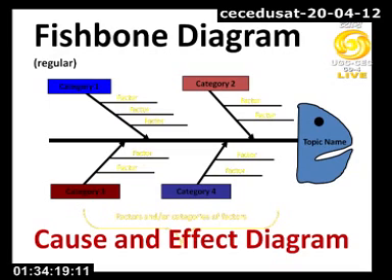Then we identify only those points which need rectification. For this, we brainstorm, we make the affinity diagram, we find the solution to the problem, we implement the solution, and finally, the problem is over. This is also known as fishbone diagram, cause and effect diagram, also known as Ishikawa diagram. Ishikawa is a person who has given the idea of this cause and effect diagram.